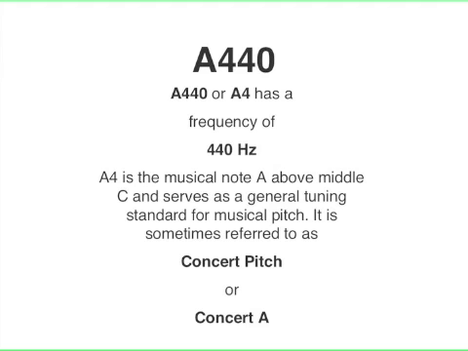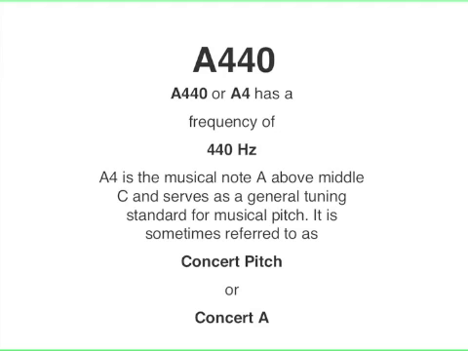So if you see a tuning fork or other tone generator, and you see A440, that's what it means. It means 440 hertz, and it is the standard musical pitch measurement in the United States and in Europe for symphonies and any type of music.